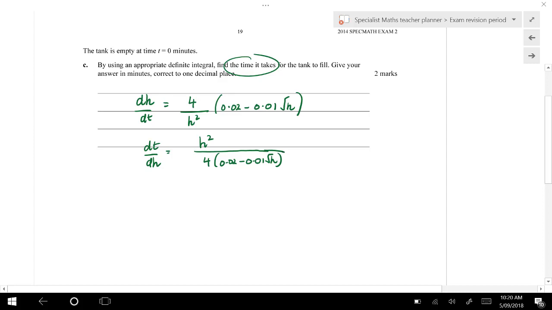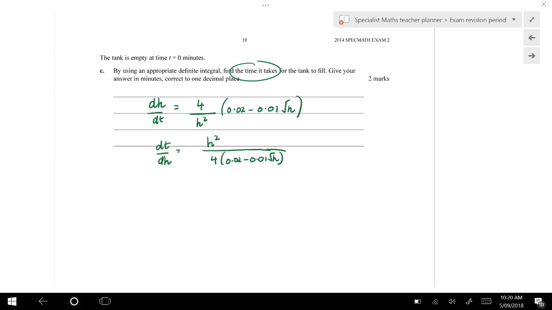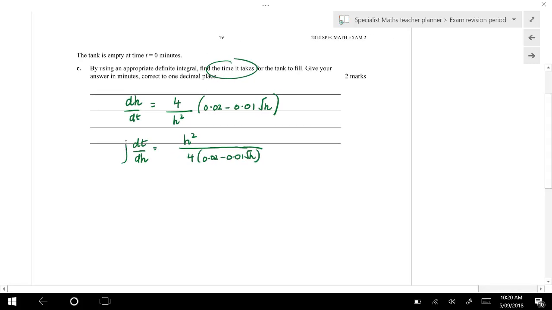Now, if I integrate both sides with respect to h, that's going to give me t on the left-hand side, and on the right-hand side, we've got the integral of h squared over 4, 0.02 minus 0.01 root h dh.